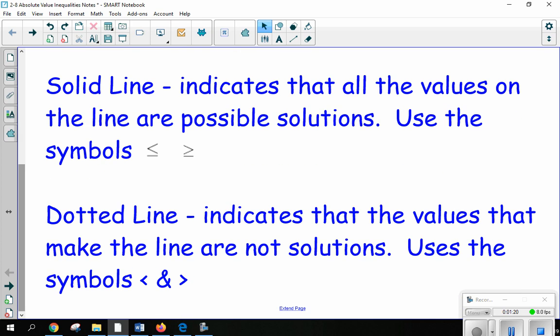If it's a dotted line, that means the values that make the line are not solutions. Do you remember when we did 1 dimension, we had an open dot and a closed dot? Same thing is true for solid line, dotted line. Solid line means it is included. Dotted line means it's not. So dotted line would be things like less than or greater than.